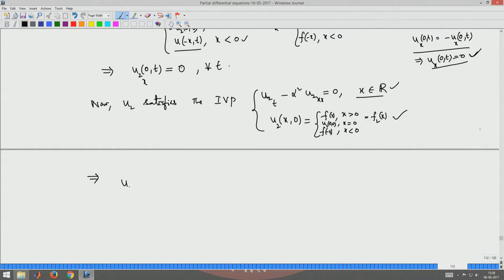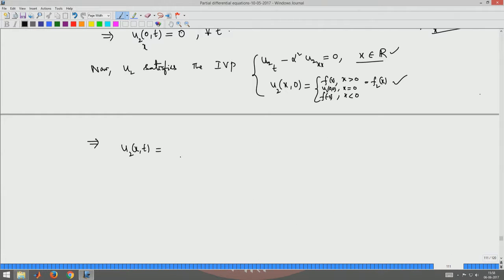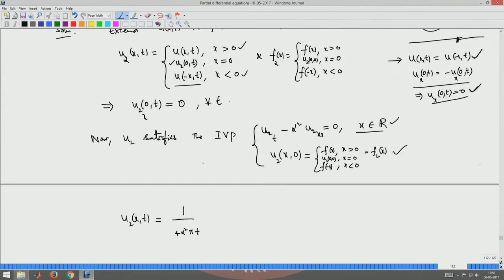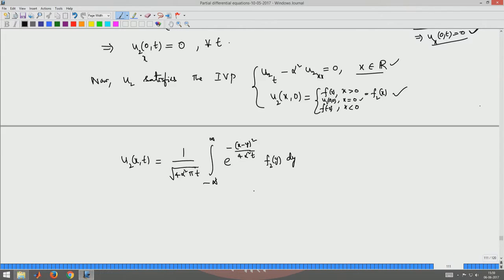You can write u2(x,t) as 1 divided by the square root of 4 alpha squared pi t, times the integral from minus infinity to infinity of e to the power minus (x minus y) whole squared by 4 alpha squared t, times f2(y) dy. The point x equal to 0 does not matter in this integral, since f2 at 0 does not matter.